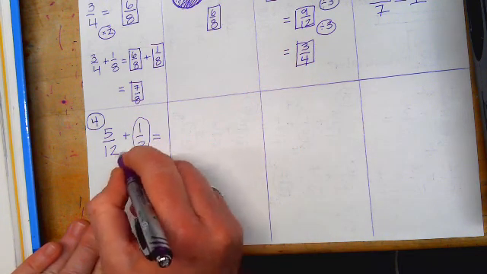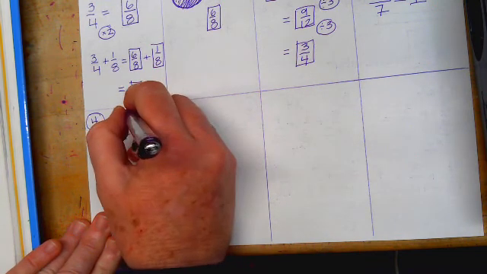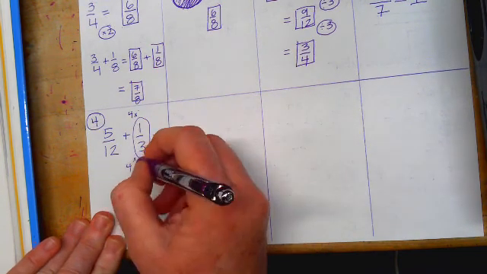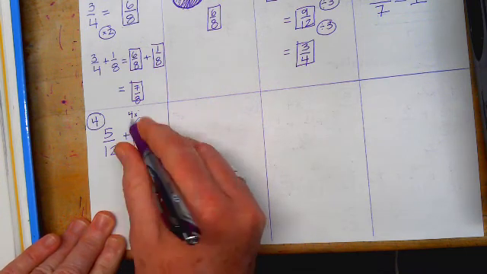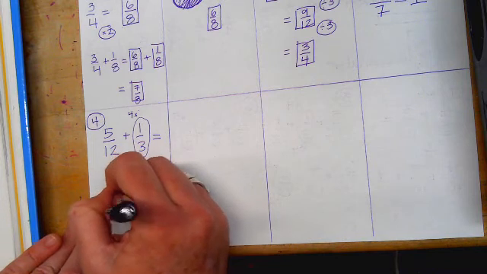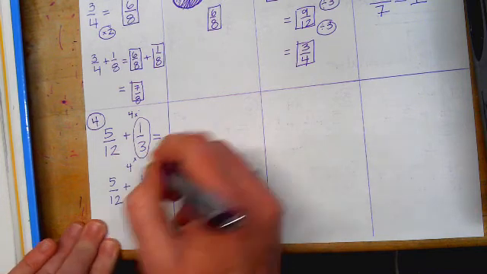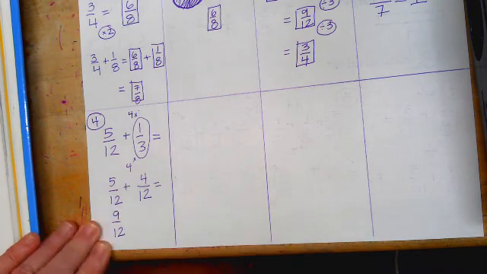I know which one I'm going to convert. It's easier to convert the smaller one. So I'm going to multiply the top and bottom by 4 to get 12. So 3 times 4 is 12, and 4 times 1 is 4.